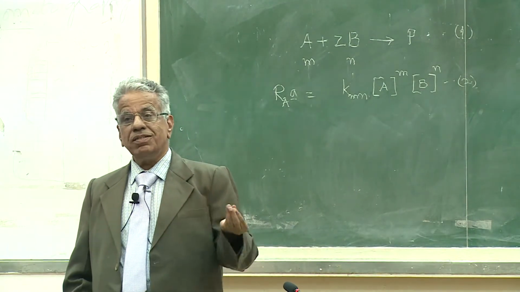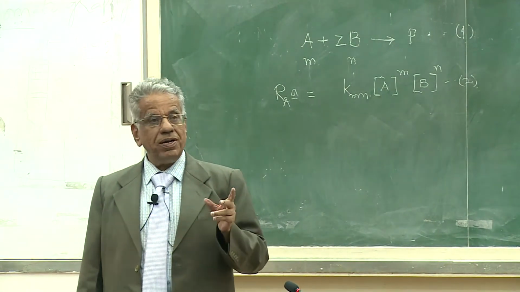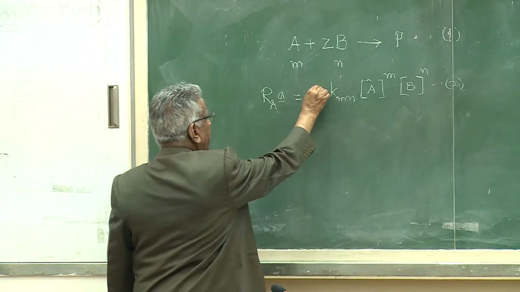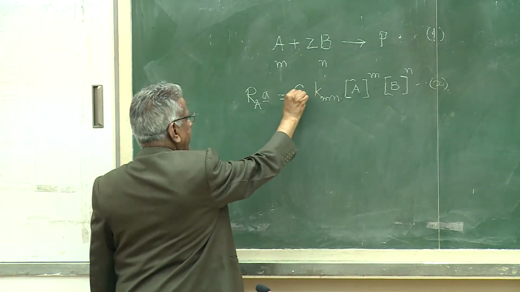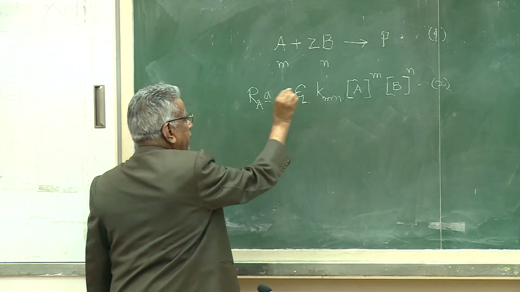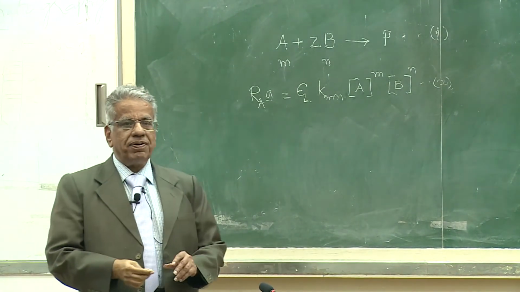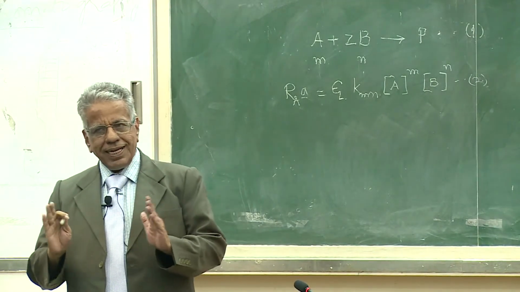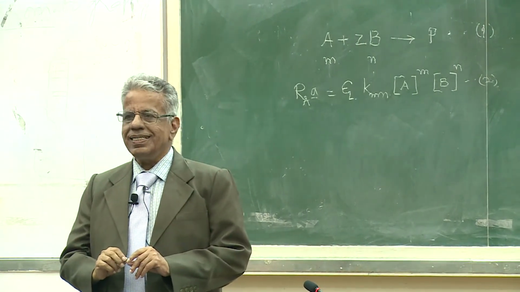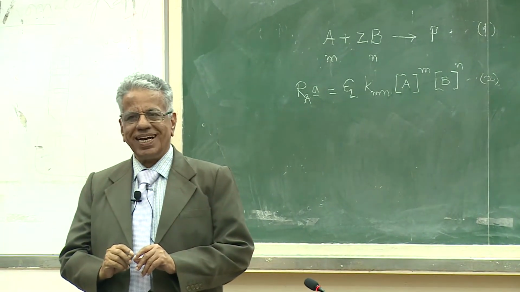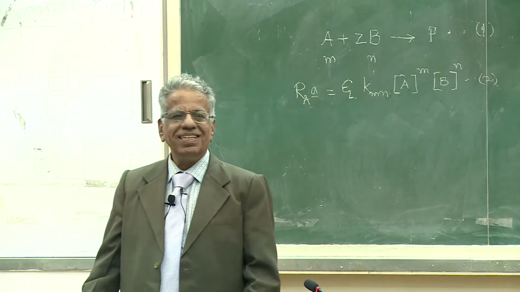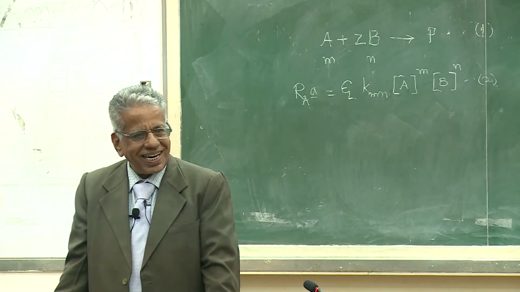So, if rate is to be expressed per unit volume of dispersion, then we multiply this by the liquid fraction. So, in the reactor, if liquid fraction is 80% and on the basis of only liquid, the rate is say 1 kilomole per meter cube second, on the basis of total volume of dispersion, it is 0.8 kilomole per meter cube second.